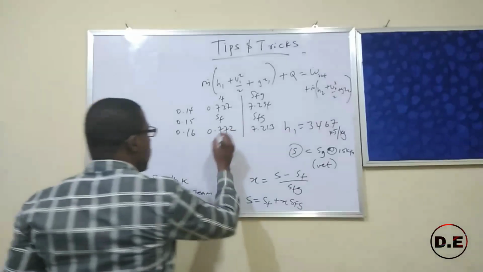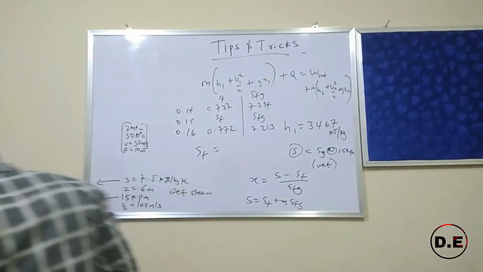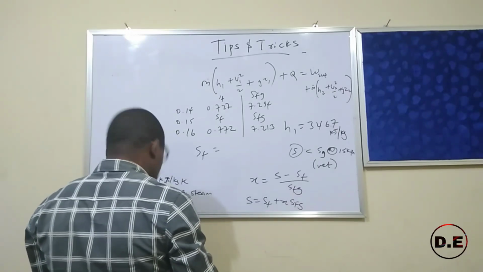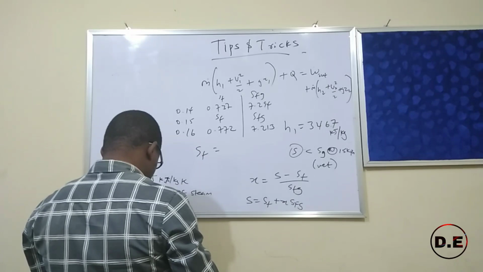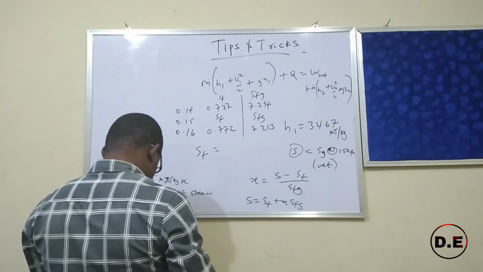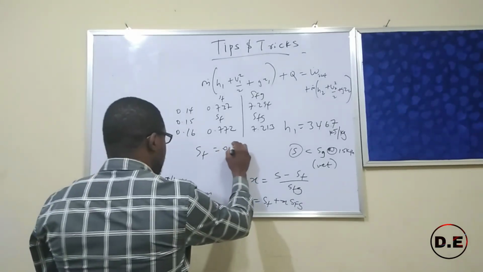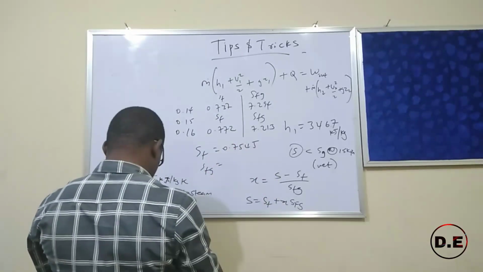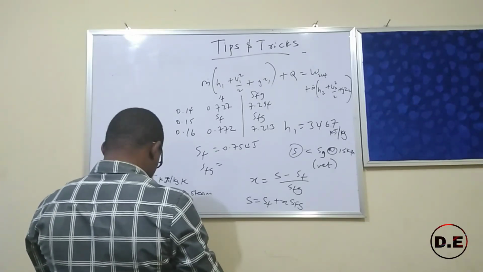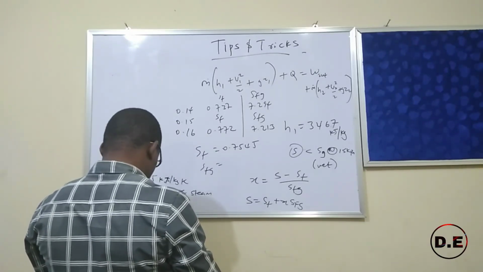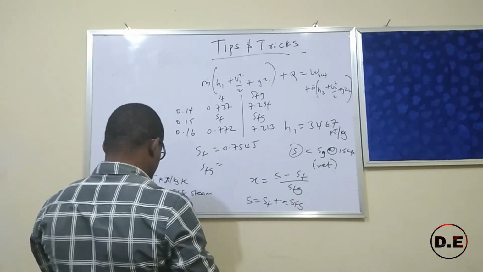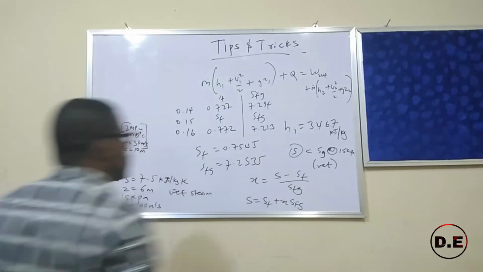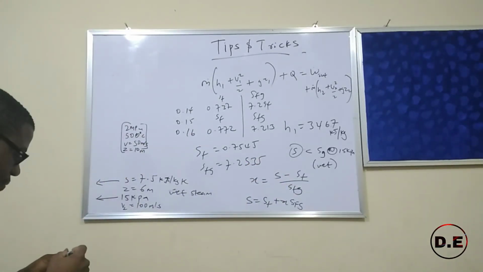So Sf is equal to 0.737 plus 0.772 divided by 2, and that is 0.7545, and Sfg is equal to 7.294 plus 7.213 divided by 2, and that's 7.2535. So now we've obtained our Sf and Sfg.